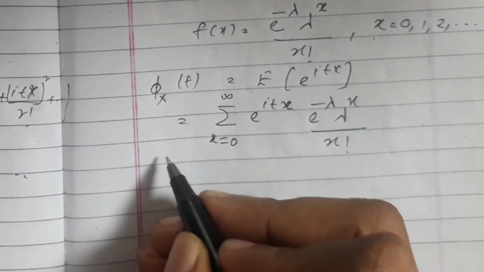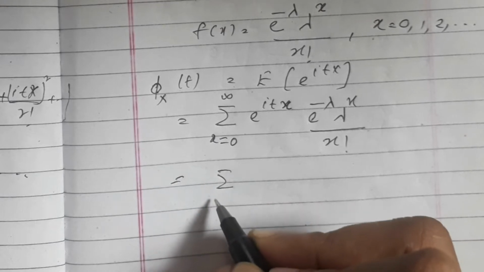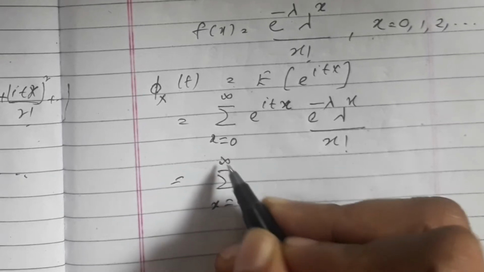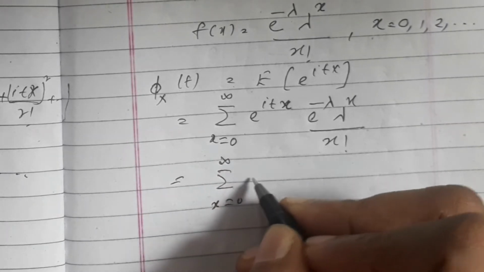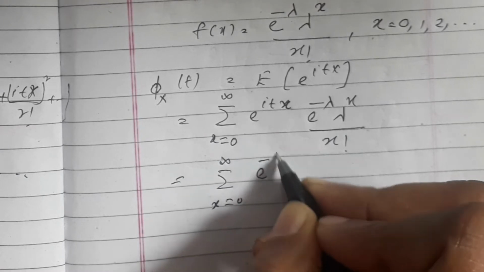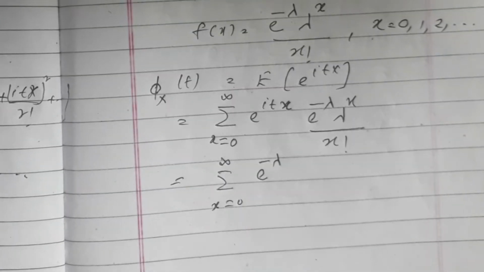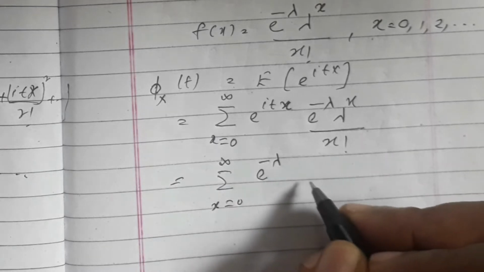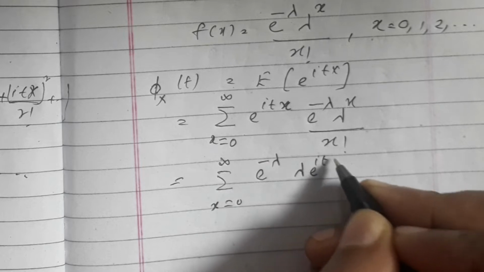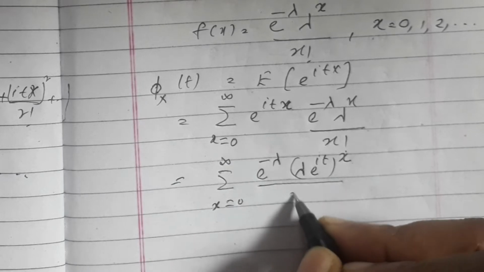Okay, so it is summation over x is equal to 0 to infinity e raised to minus lambda, e raised to I t all raised to x lambda raised to x divided by x factorial.